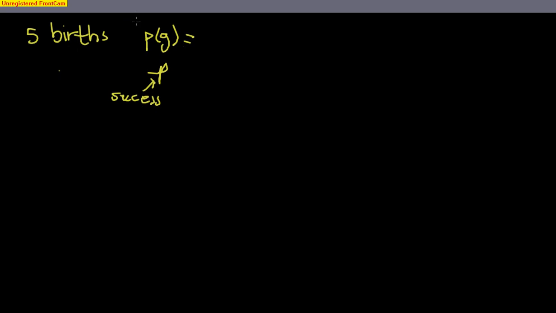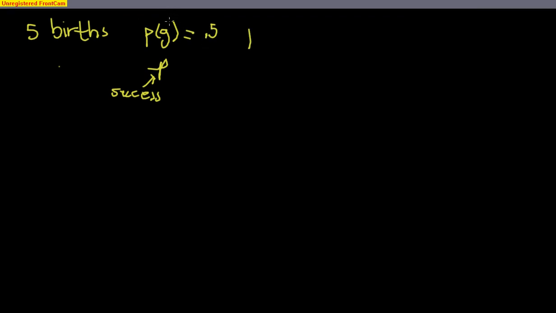So the probability of a girl is 1/2, and today I'm going to write it as 0.5 rather than a half like we did in class. Therefore the probability of a boy, or not a girl, is also 0.5.